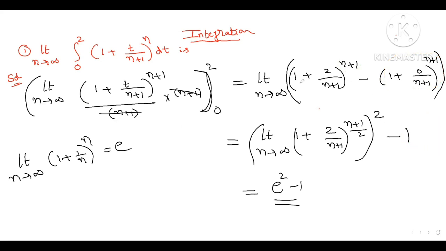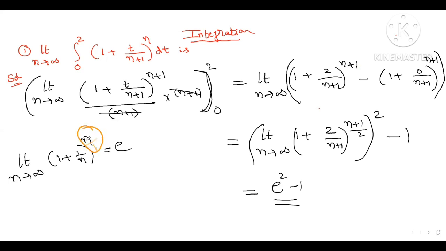Now we have one formula. Limit n tends to infinity, 1 plus 1 by n, power n, is e. Now 1 plus 2 by n plus 1 here. The reciprocal, what about this formula? Here 1 by n, the reciprocal of 1 by n, is on the power n.